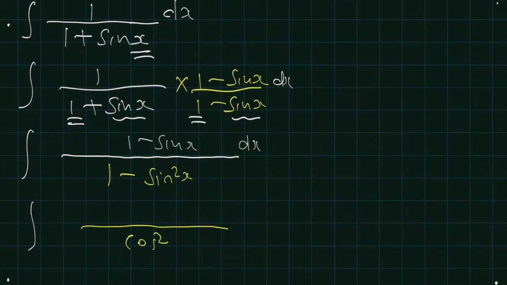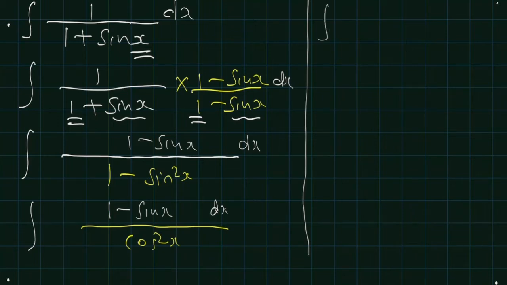The numerator is still 1 minus sin x. Next, I take separate parts: 1 by cos square x, minus sin x, where in the denominator I write cos square x as cos x into cos x.